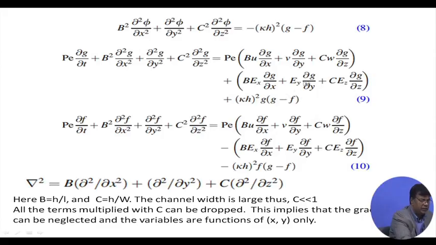So that means we can drop all the gradients with respect to Z wherever the epsilon terms appear, because of the condition that the width is much higher than the channel height. So basically what it turns out to be is a set of partial differential equations for two-dimensional flow. So that means we can write the reduced set of equations in this form.